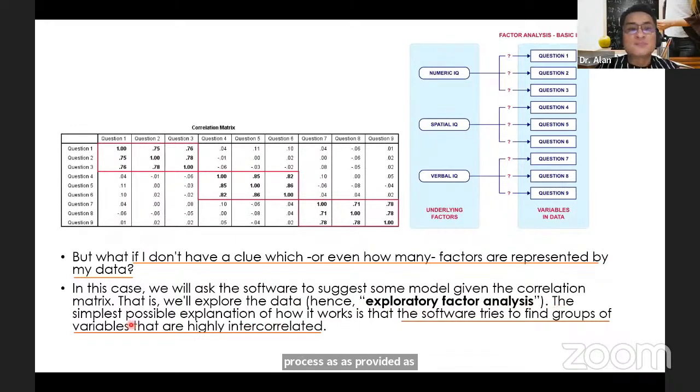And the simplest possible explanation of how it works is that the software tries to find the groups of variables that are highly intercorrelated to each other.